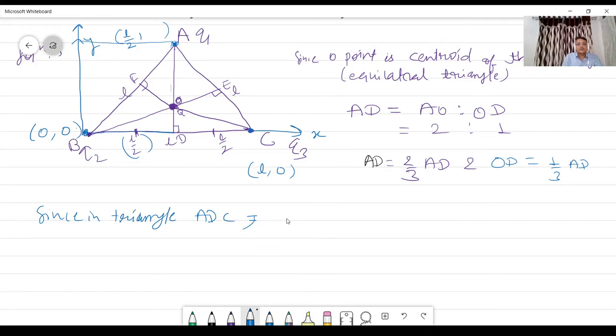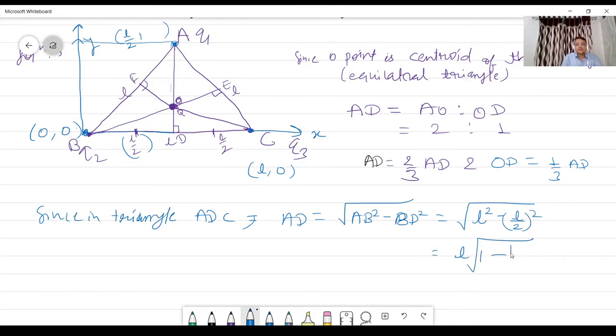I can write that AD is equal to under root AB square minus BD square. So I can write L square minus L/2 to the whole square. So it will be equal to 1 minus 1 upon 4, or it will be root 3/2 L.